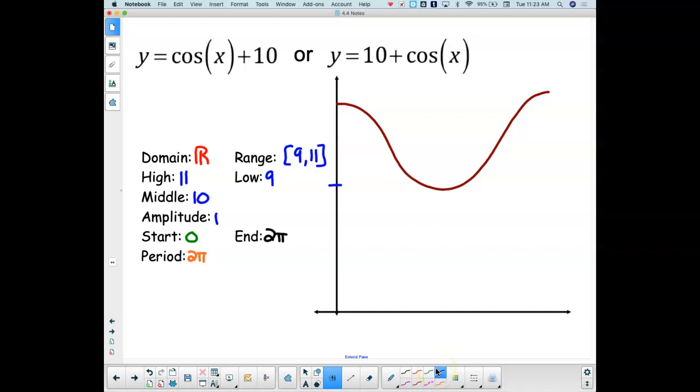So then this would be 9, 10, and 11 there. This would be 0, pi, and 2 pi.